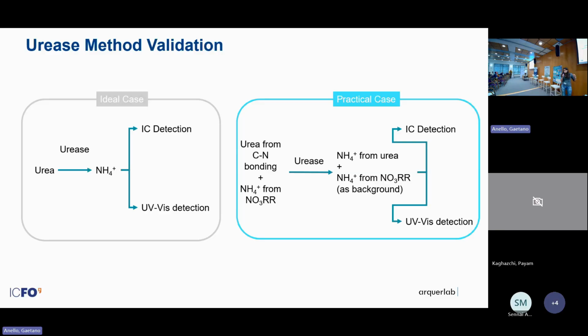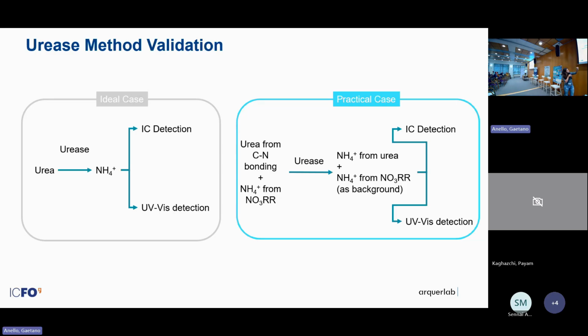I will quickly touch upon another method mostly used by our partners at TU Delft, and the work that I will show in the next couple of slides was fully made by a postdoc in the group, Shilangfu. As mentioned here, in the ideal case, when you have only urea before, it's not a big deal to detect the ammonia, because you had no ammonia and then you start detecting some.